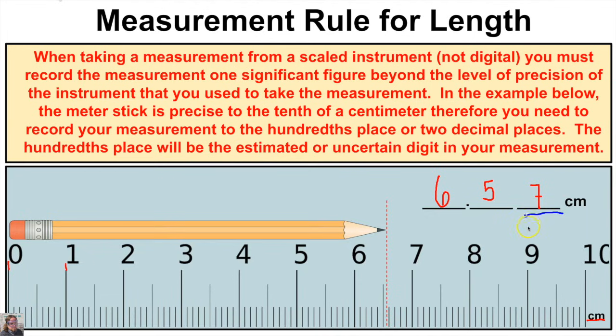So we had to estimate the 100th place here, whereas these two digits in our measurement are certain. These are the certain significant figures based on the precision of our meter stick, and we had to estimate the 100th place. So let's apply this concept to several different examples.